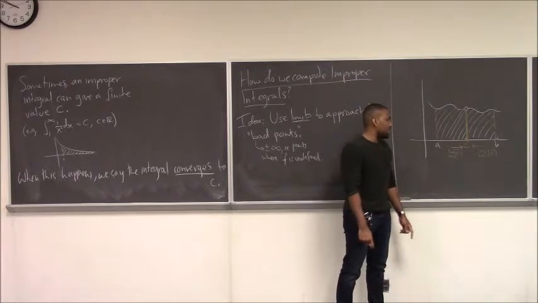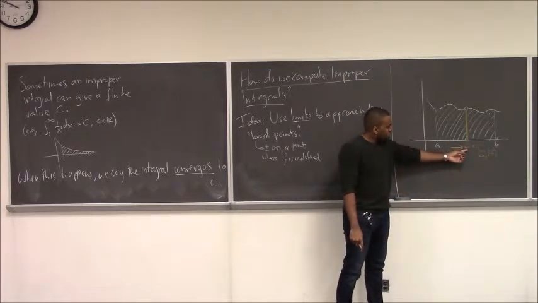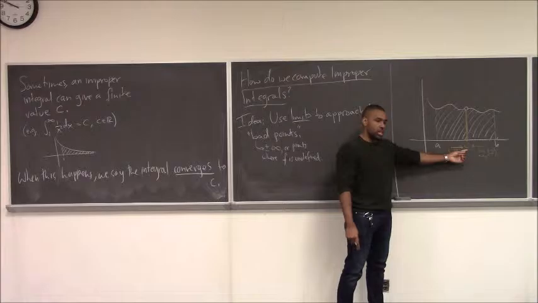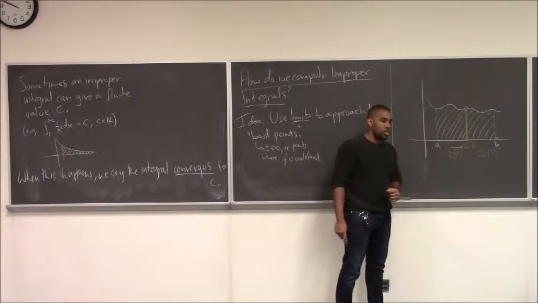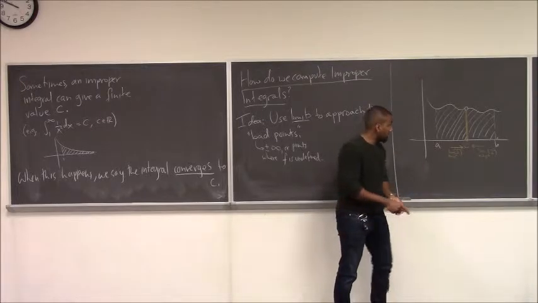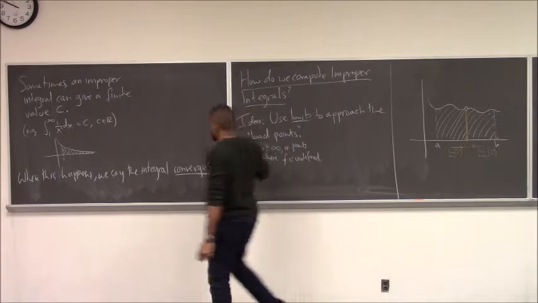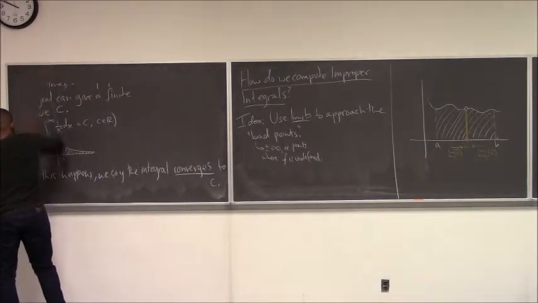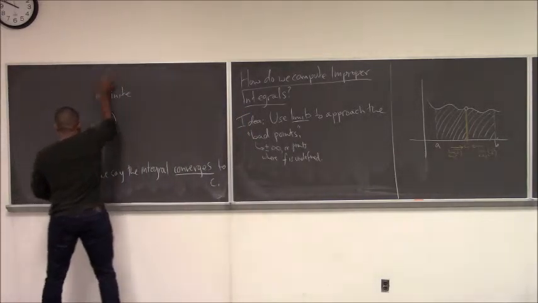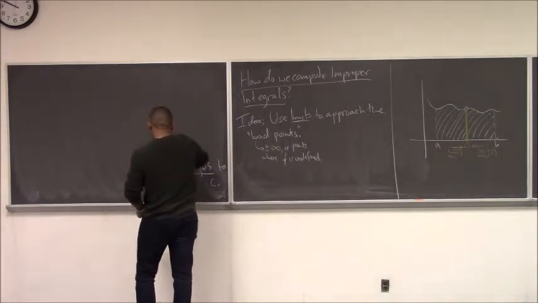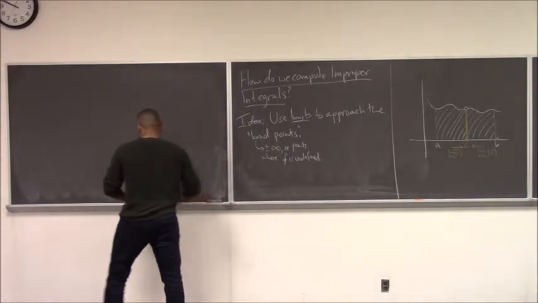But how we actually deal with that situation is, if that's a bad point, the function is undefined, I can't actually plug in C, the next best thing is to get as close to C as possible and figure out what's happening. So we use limits. So that's how we compute it. But we do it very carefully.